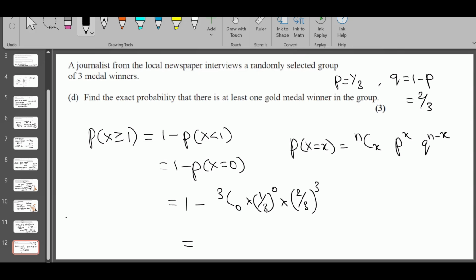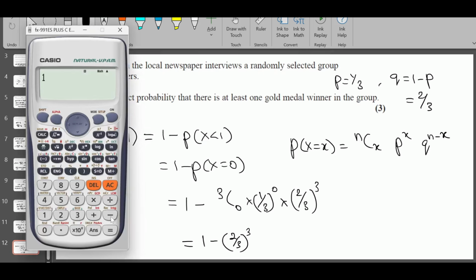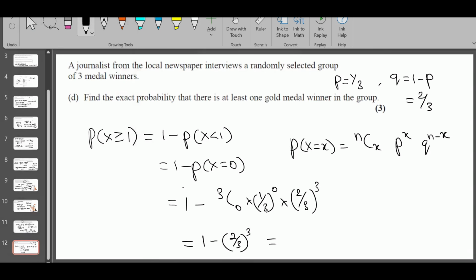You will learn this binomial distribution in detail in Statistics 2, but in Statistics 1 this is the only type of question they ask, mostly with normal distribution. So it's basically 1 minus (2/3) power 3. That's 1 minus 2 cubed over 3 cubed. 19/27 is the answer.